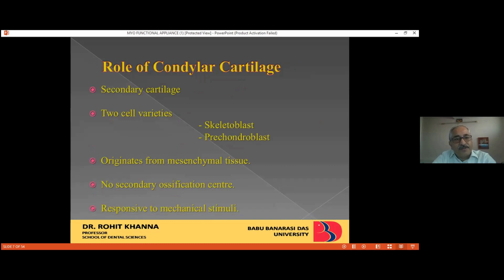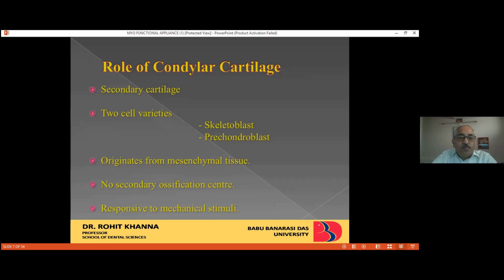The condylar cartilage, by and large, is a secondary cartilage. I'll come later in my presentation to the difference between a secondary cartilage and a primary cartilage. There are two basic cell varieties, the skeletal cells and the prechondroblasts.